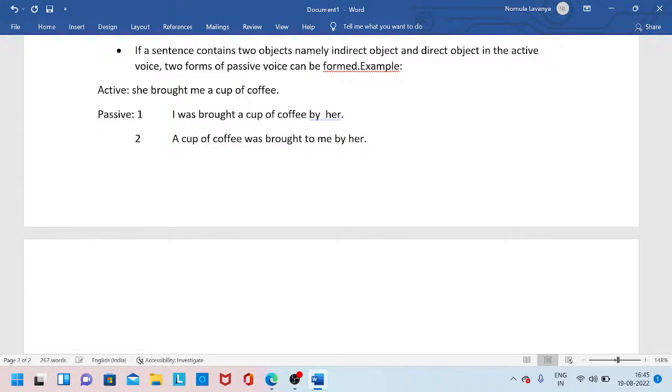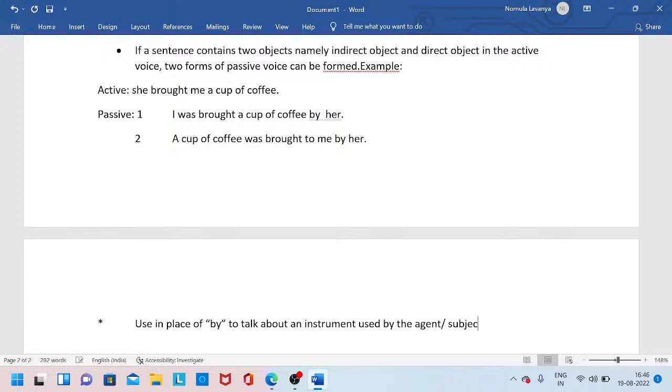And next, "with" is used in place of "by" to talk about an instrument used by the agent or a subject.